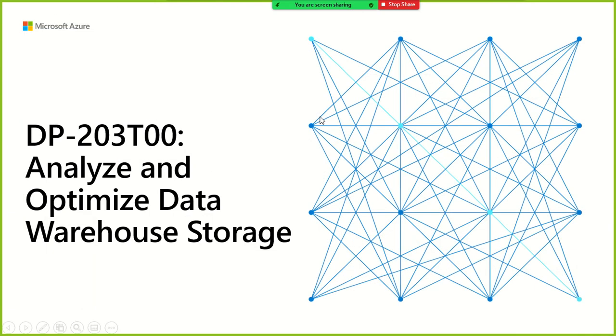Okay. All right, so lesson 11 talks about how we can analyze and optimize our data warehouse storage. In this, we are going to look at the different range of analysis and optimization techniques that we can use for data warehouse storage. Remember, the previous lesson talks about how we can optimize queries. Now this lesson is talking about how we optimize the warehouse storage.